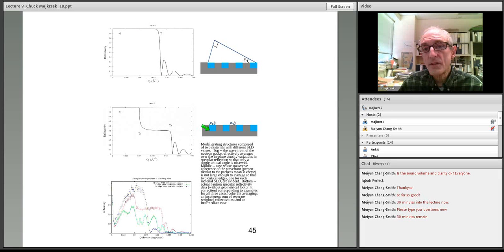But suppose that neutrons happen to have wave packets that have transverse dimensions or coherence that are smaller than the features, the trough, or the stripe, so that they see an incoherent sum, what we measure is an incoherent sum of reflectivities from the blue material and the gray, added together incoherently, then we will see two critical angles, one for one material, the gray or the blue, and one for the other.